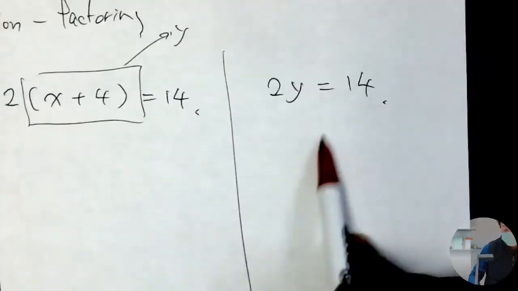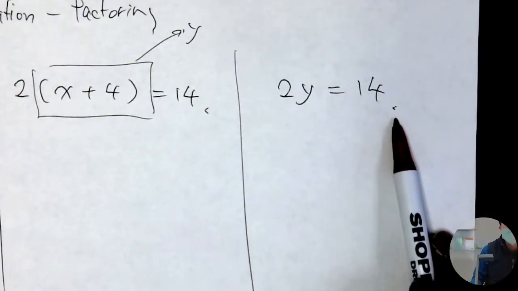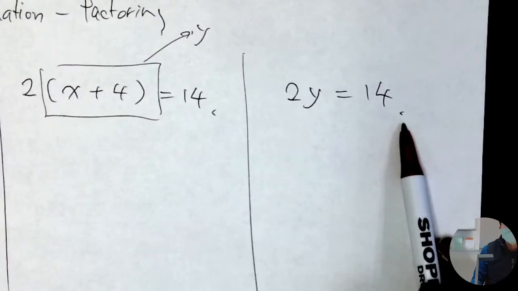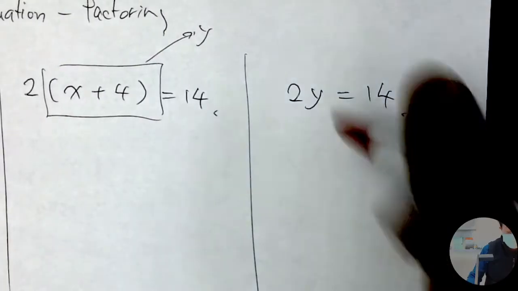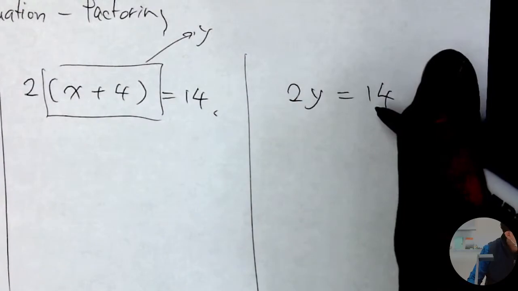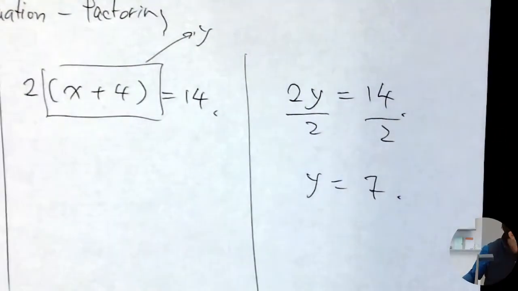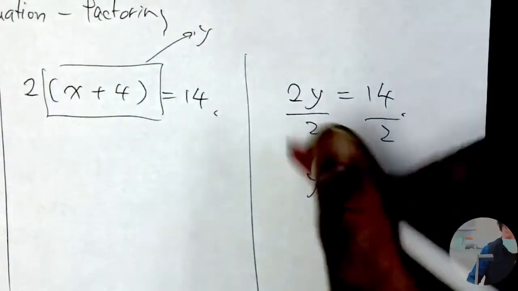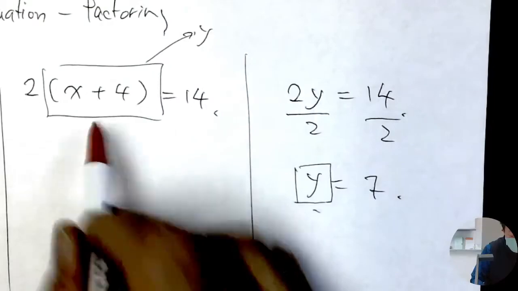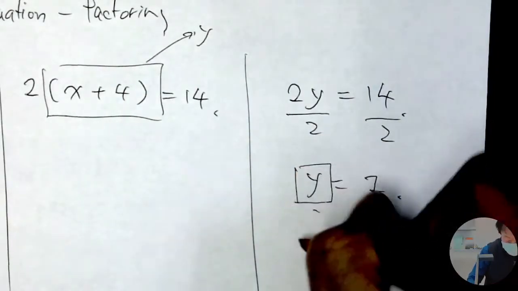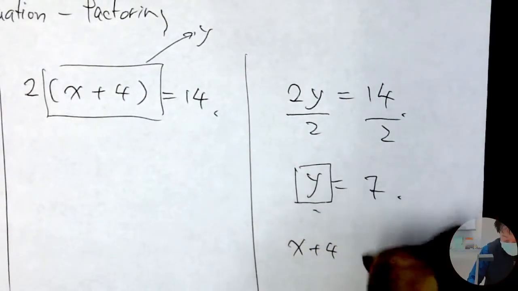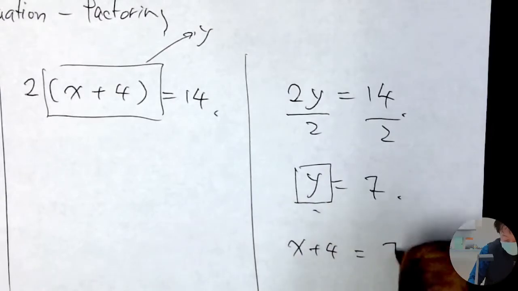Can you solve for this? 2y equal to 14. Does anyone know the answer for this? 7, right? Because I divide both sides by 2. Okay? So far, so good? So notice that this y is actually the box. So I can then write x plus 4 equal to 7.